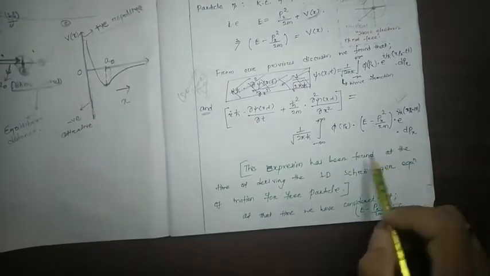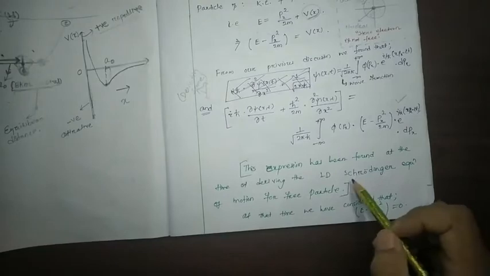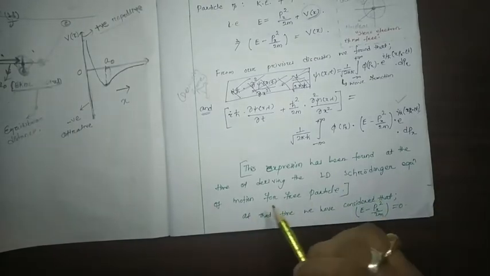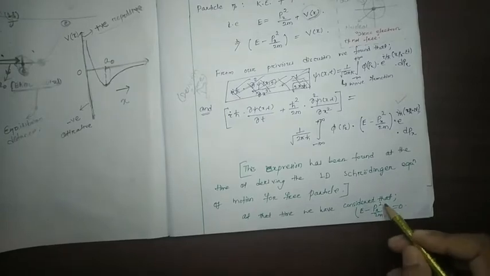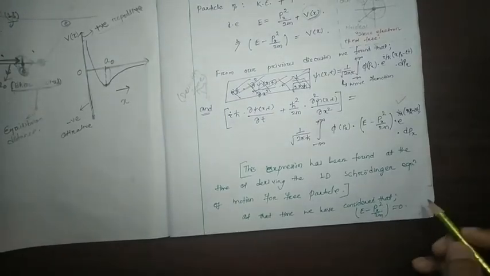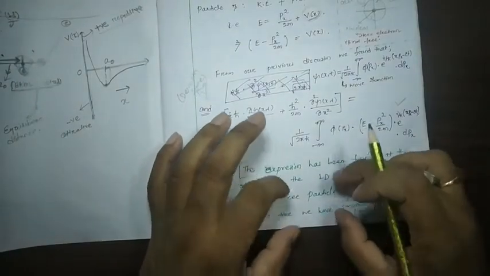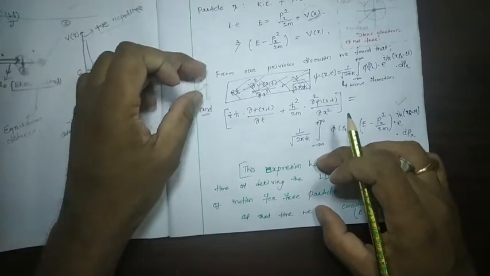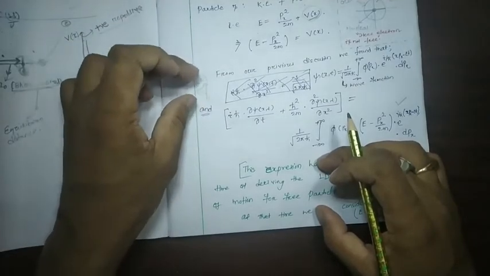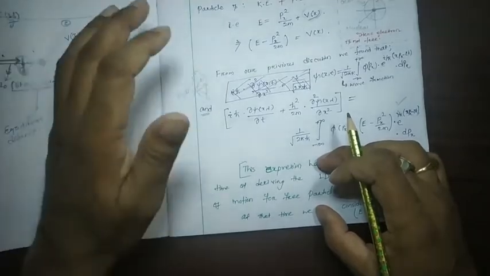This expression was found at the time of deriving the 1D Schrodinger equation of motion for a free particle, where we considered E minus px square by 2m equal to 0. You should not write these things in your exam. Instead, you have to derive the steps we omitted, because these are already written in that derivation.